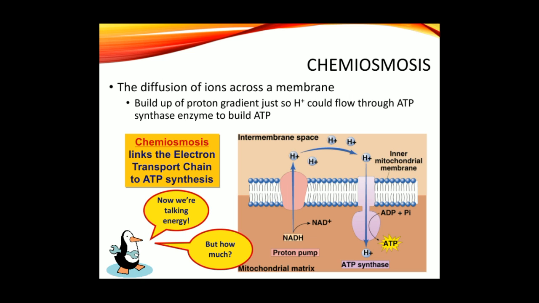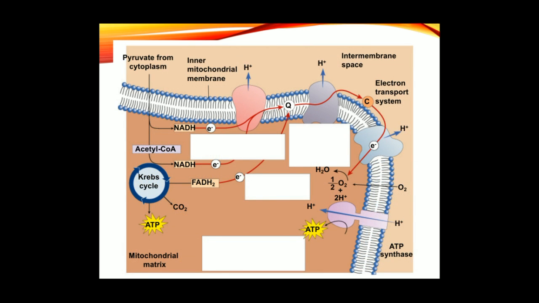Now let's see the overall steps here, guys. The overall concept of the ETC will be discussed in this slide. The first step is that electrons are harvested and carried to the transport system. Here you can see the electron carriers released from pyruvate, acetyl coenzyme A and the Krebs cycle.